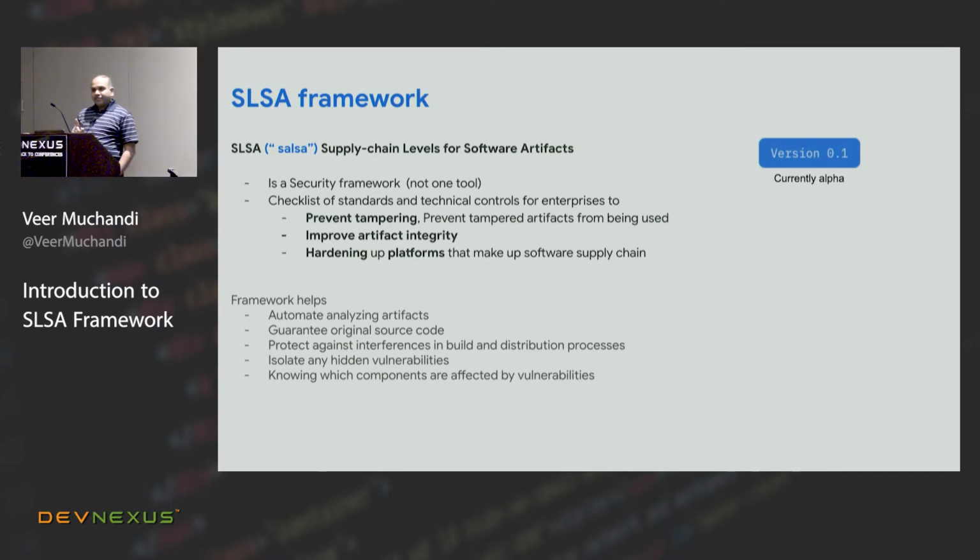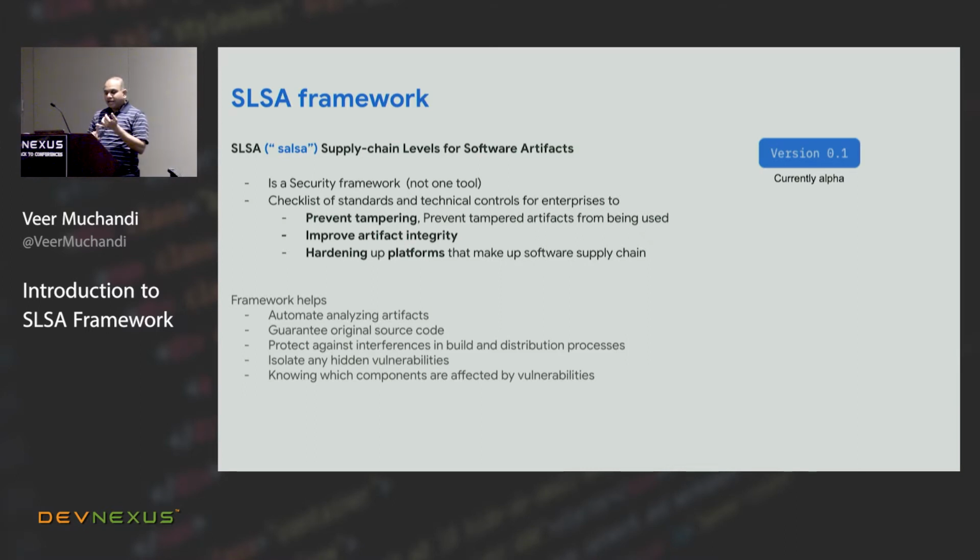This is a security framework, it's not a tool. So I'm not saying that, hey, Google will provide you this tool, go and install it and you're done. No, it's a framework. It requires your organization to think through and implement different levels at different points of time so that you can protect more and more, right? So it is ensuring that the amount of security for your software supply chain increases over a period of time.